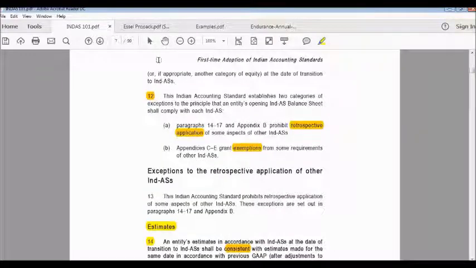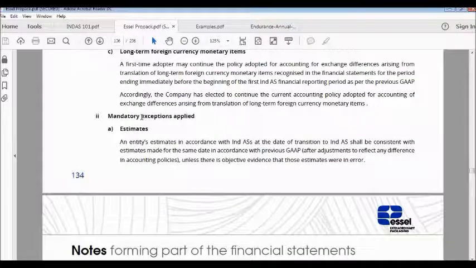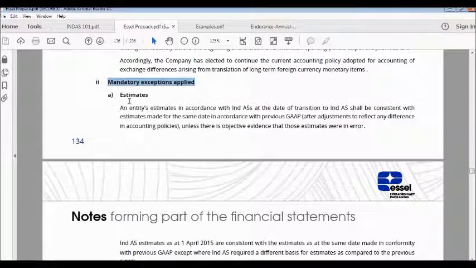Let's take a look at a live example of how a company is handling these cases. This one, mandatory exception applied. A, estimates. This is the real disclosure, where the company says an entity's estimate in accordance with Ind AS as at the date of transition to Ind AS shall be consistent with the estimate made for the same date in accordance with previous GAAP, unless there is objective evidence that those estimates were in error.